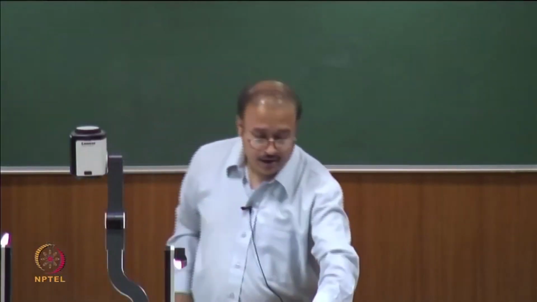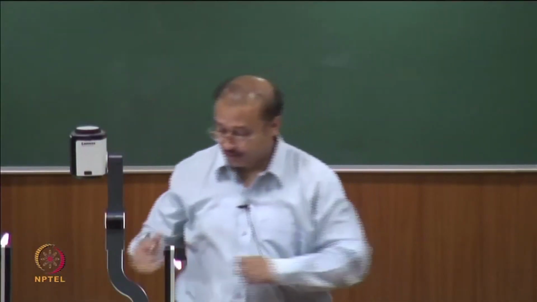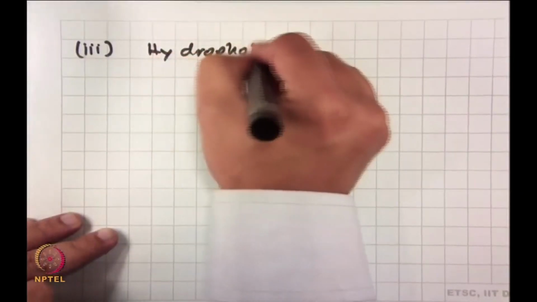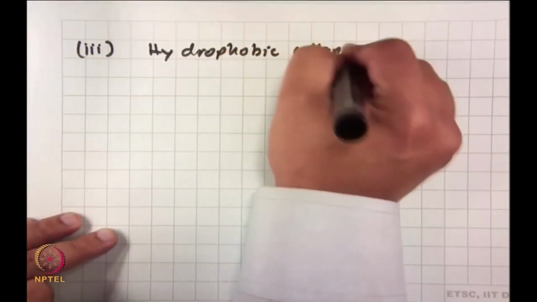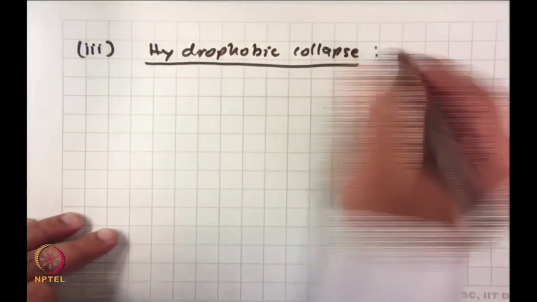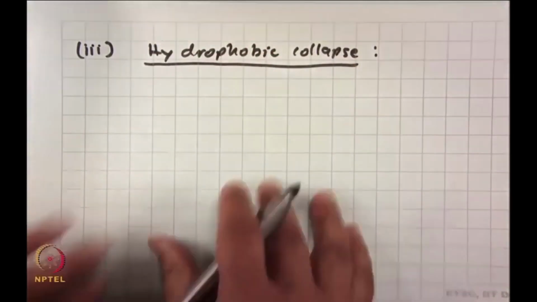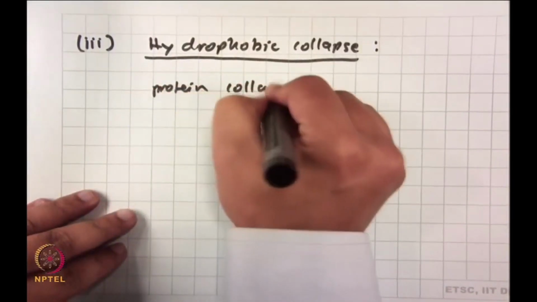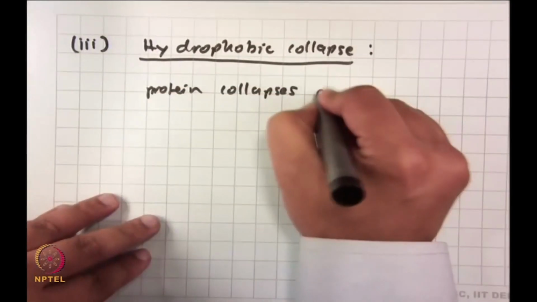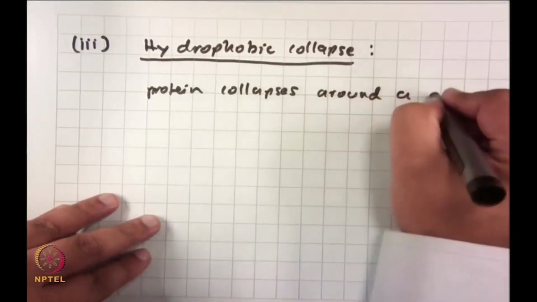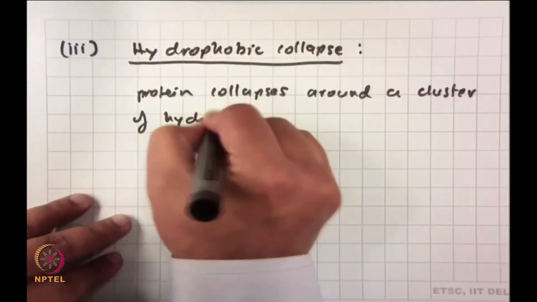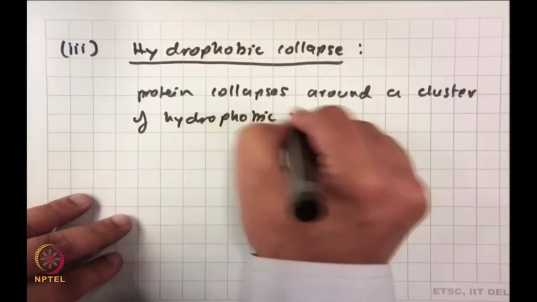And the last major one was what? Remember hydrophobic collapse? That means the protein collapses around a cluster of hydrophobic residues.